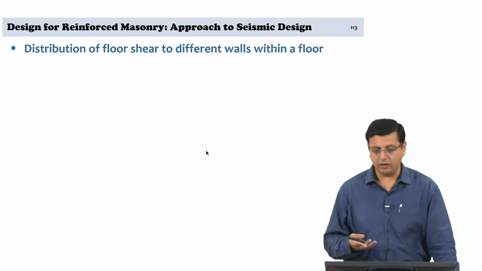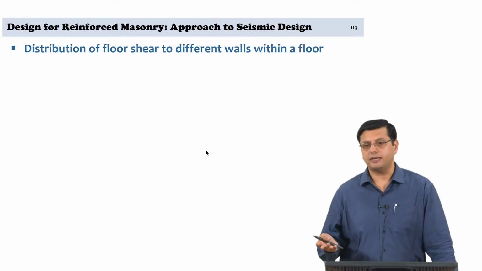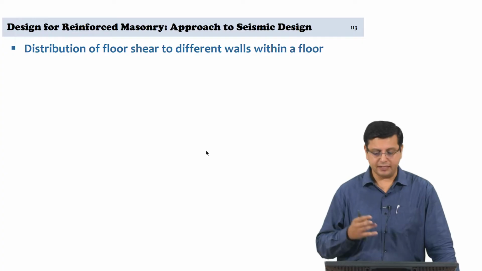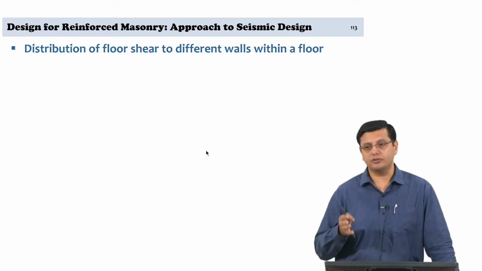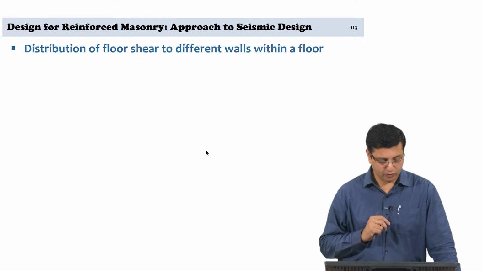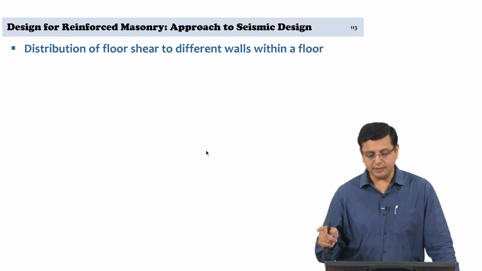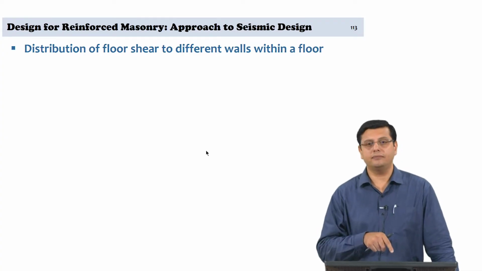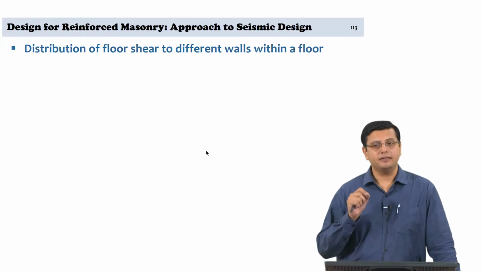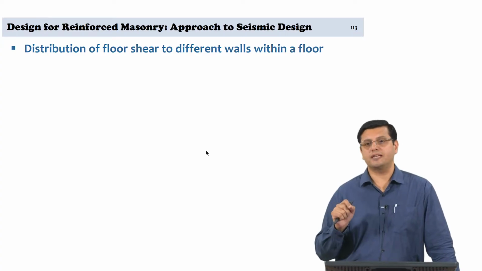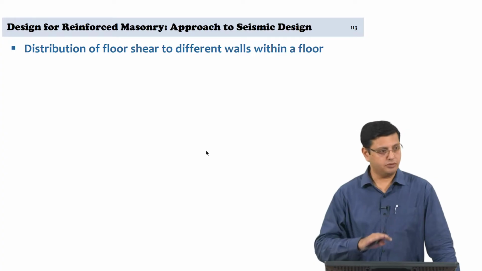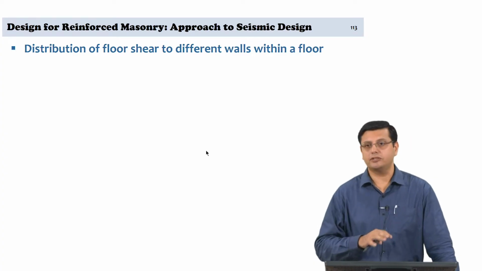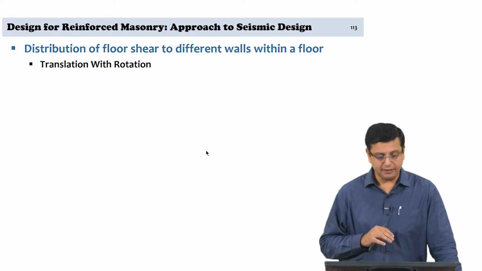Then for any plan configuration, whether you have translation without rotation or translation with rotation, you have the framework to distribute the shear forces to the individual walls. And in this particular context, we are looking at floors or roof slabs which have rigid diaphragm action. So, this is valid as long as the rigid diaphragm action is being considered.